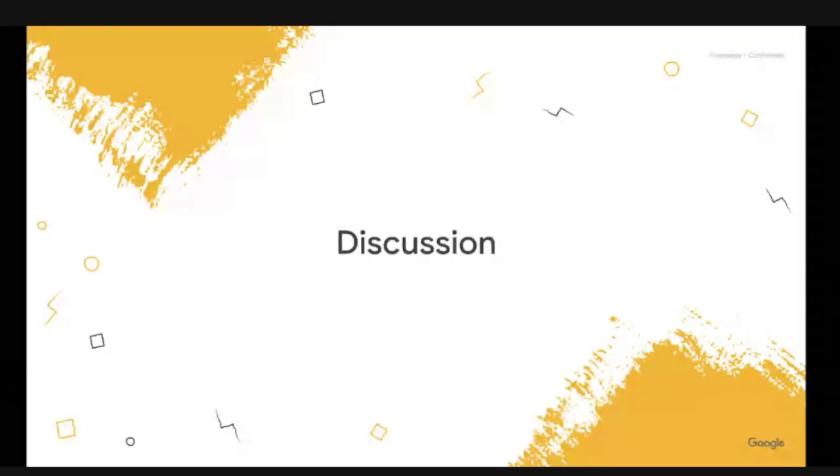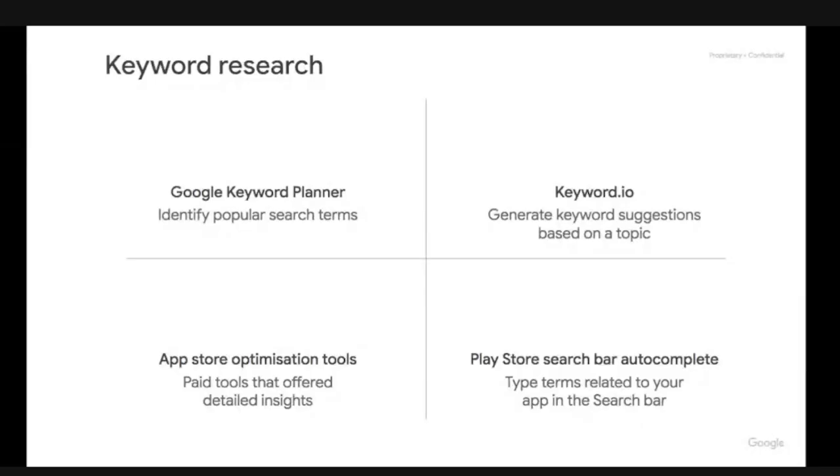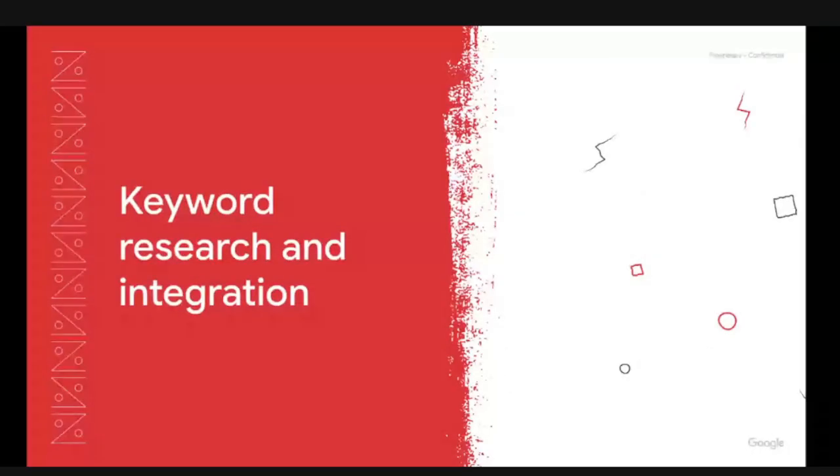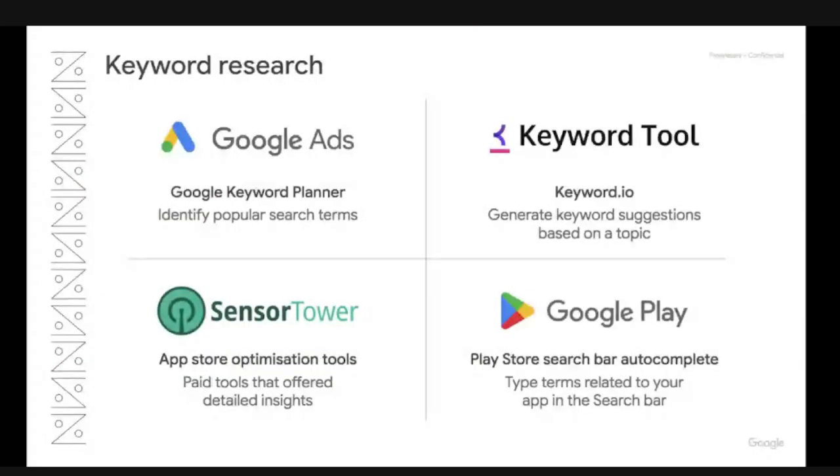So let's look at these discussions now in terms of the keywords and research and integration. Let me go back. These are the tools that are available for you to use if you want to do research. So Google Ads, they've got the Keyword Planner that you could use.